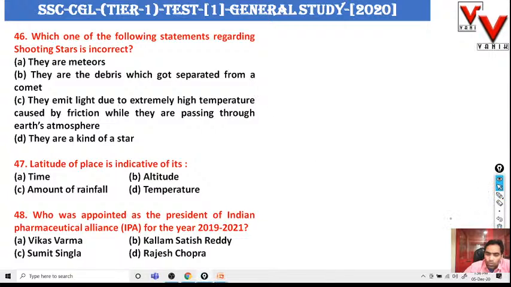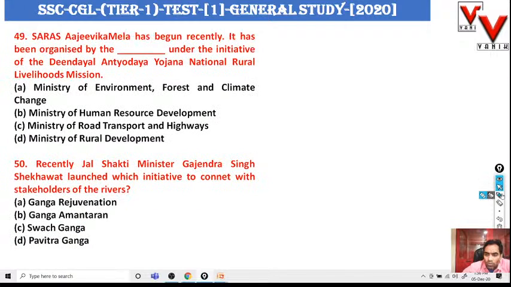Now we are going to proceed further and discuss the 49th question. Saras Ajivika Mela has begun recently. It has been organized by the Ministry of Rural Development under the initiative of the Deen Dayal Antyodaya Yojana National Rural Livelihood Mission.